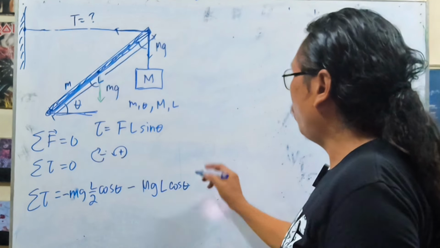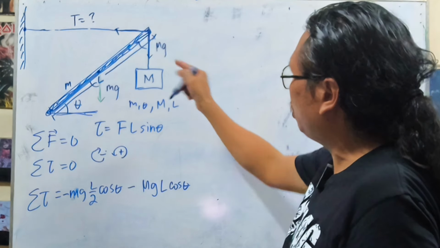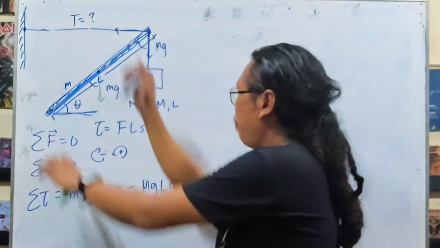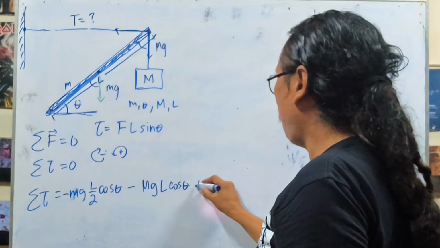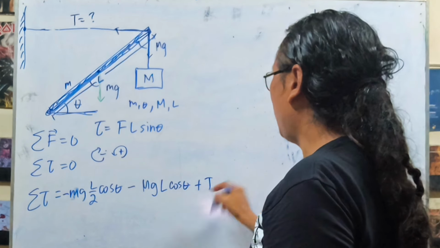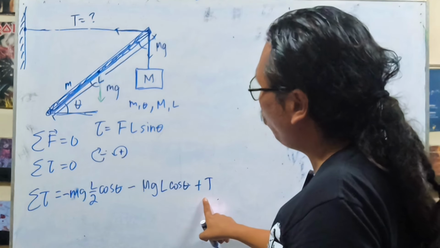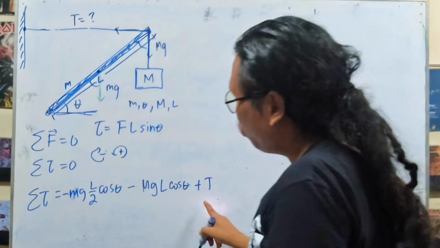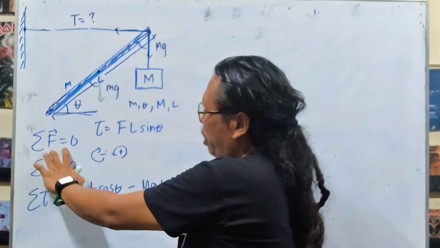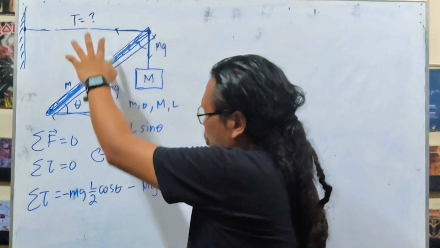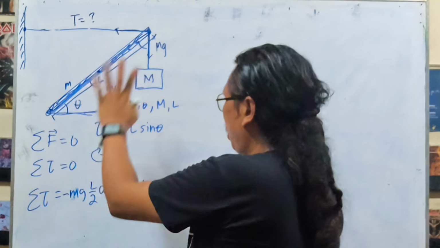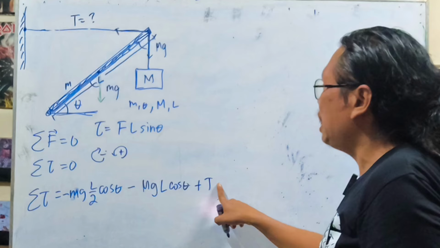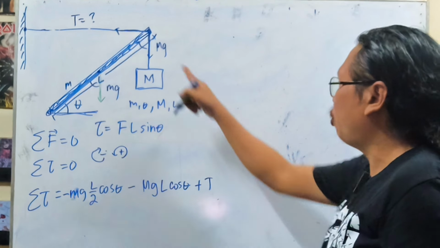That will create a positive torque because it's counterclockwise about the pivot point. So this is plus T, the unknown. We only have one unknown, and we can get it from this equation.